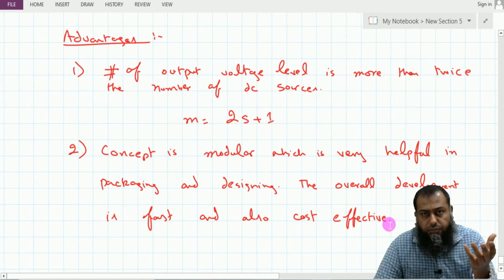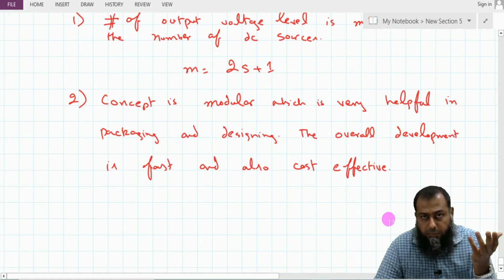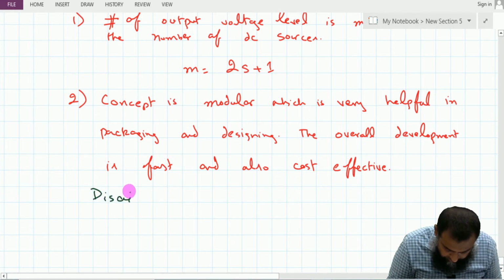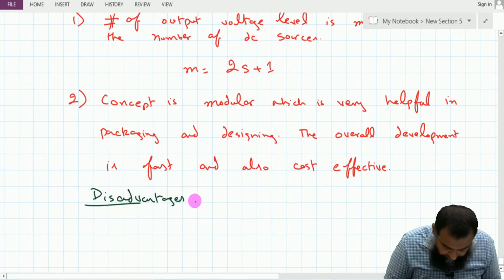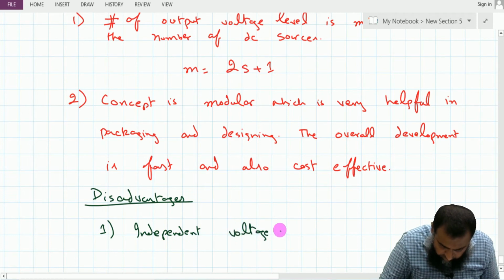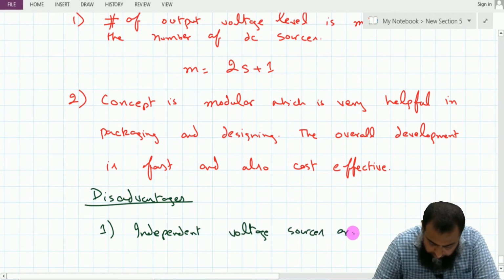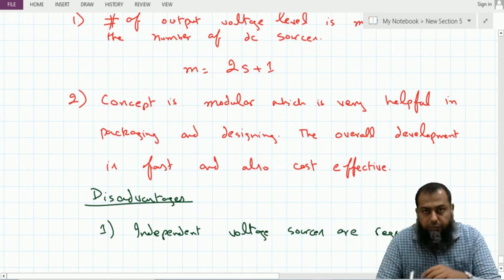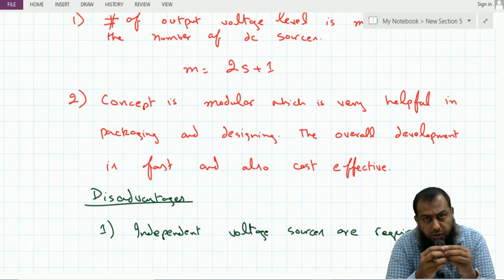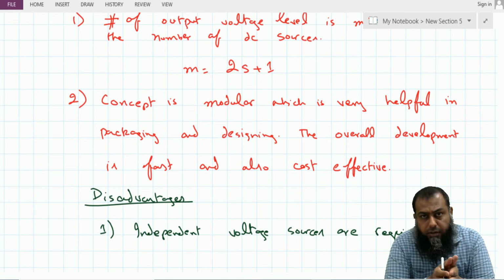What about the disadvantages of this particular scheme? Let us write down the disadvantages here. The first disadvantage is independent voltage sources are required, which means that this particular scheme is quite feasible if we have a lot of renewable energy sources connected, or if we have the batteries available, right?